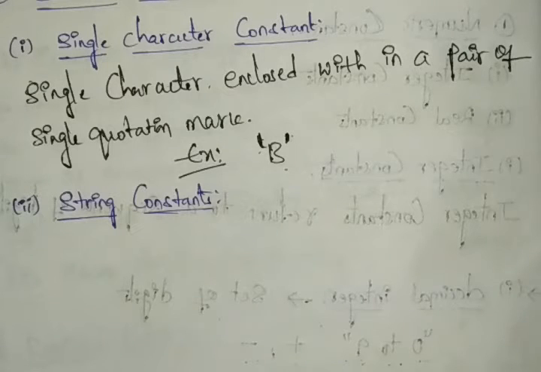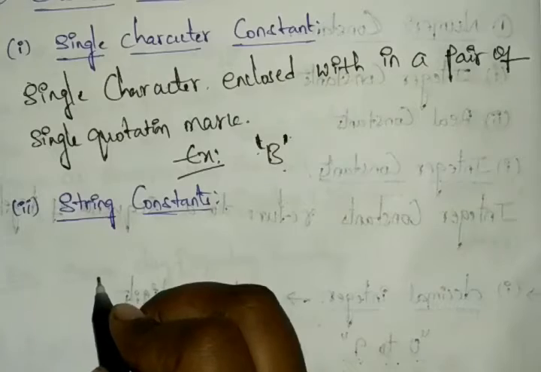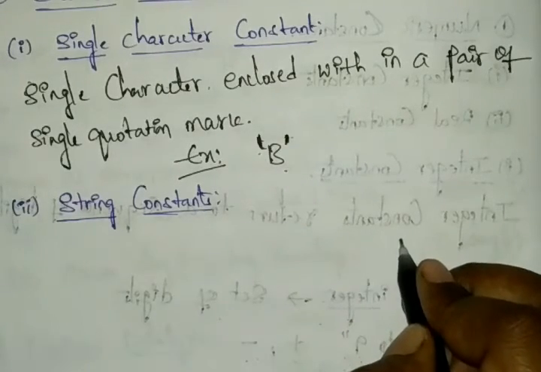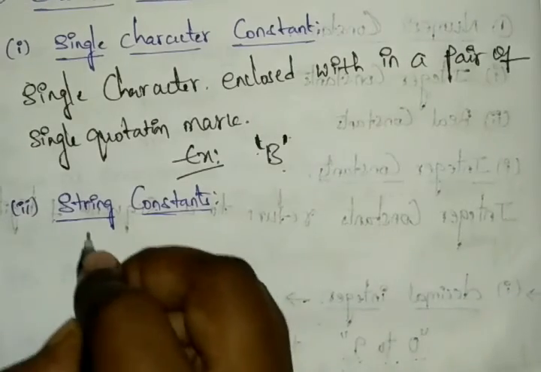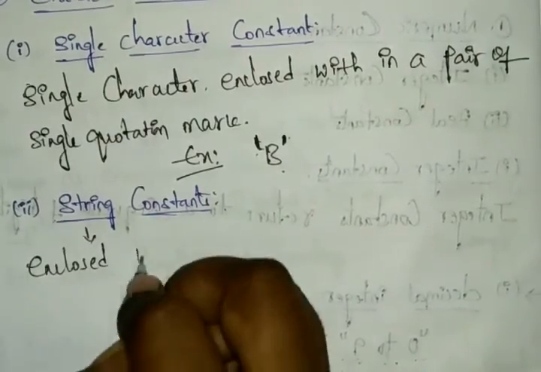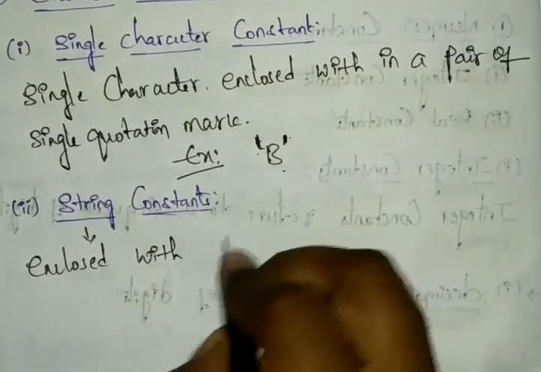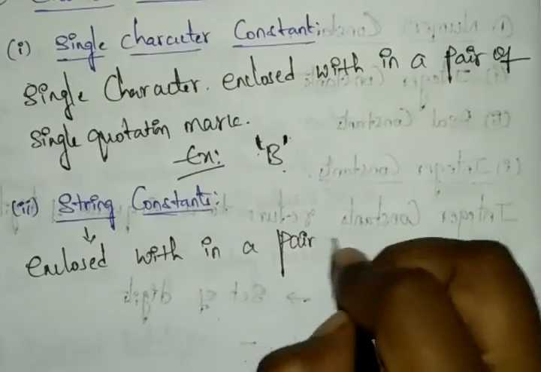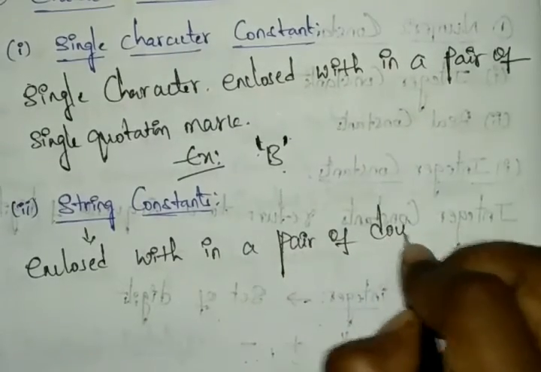You can see these are enclosed within double quotation marks. String constants are enclosed within a pair of double quotation marks.